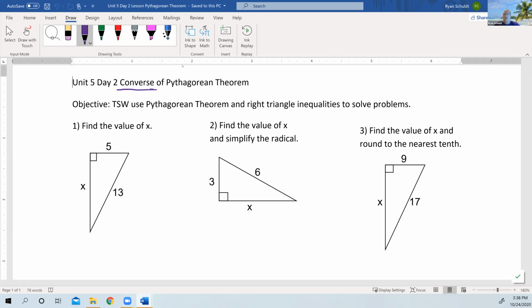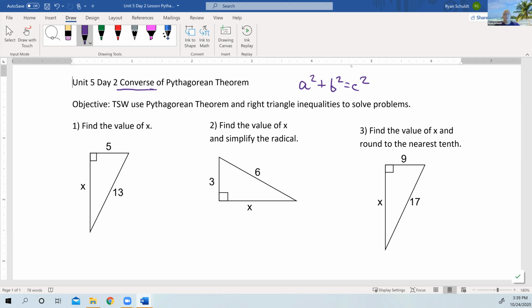So yesterday, we looked at the case where we had to find C the whole time. Well, now that won't always be the case. We might have to find B, we might have to find A. We have to figure out what's what.